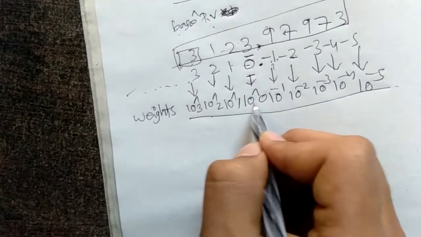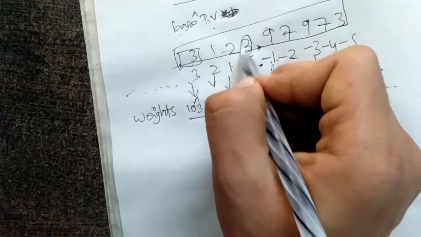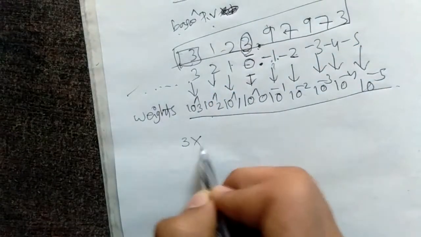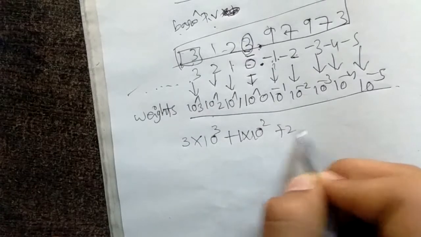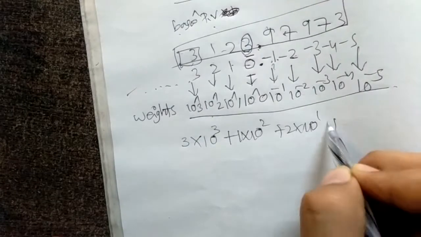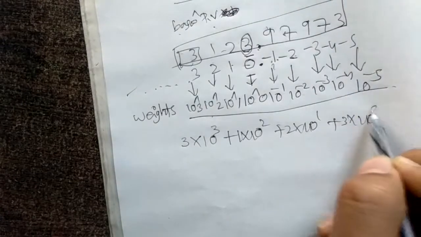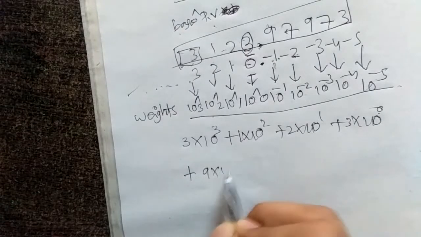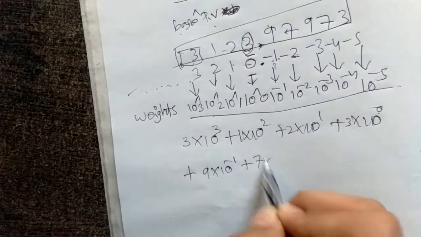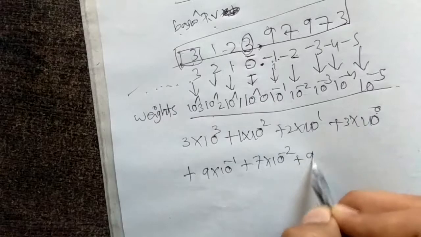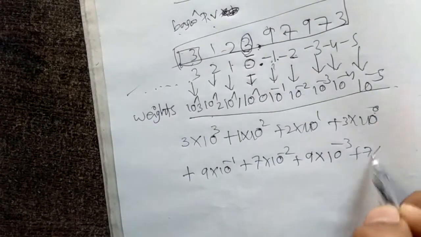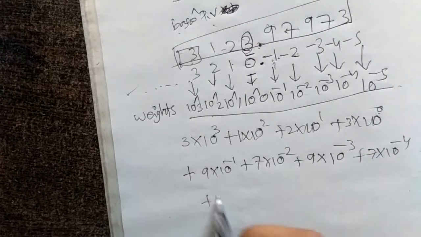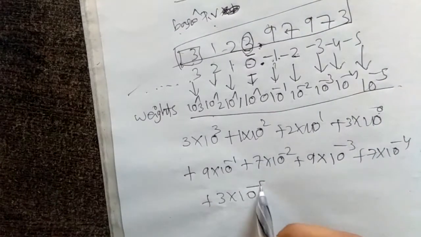For each corresponding weight, you are going to multiply with its face value. So that is 3 into 10 cube plus 1 into 10 square plus 2 into 10 power 1 plus 3 into 10 power 0 plus your 9 into 10 power minus 1 plus your 7 into 10 power minus 2 plus 9 into 10 power minus 3 plus 7 into 10 power minus 4 plus 3 into 10 power minus 5.